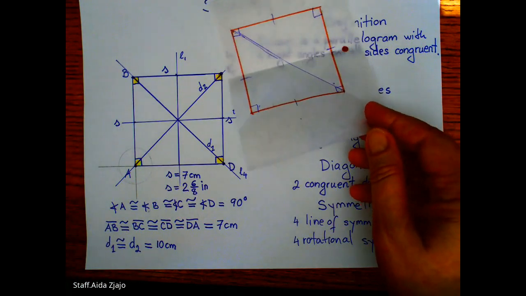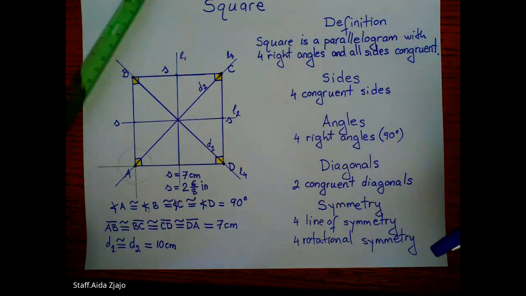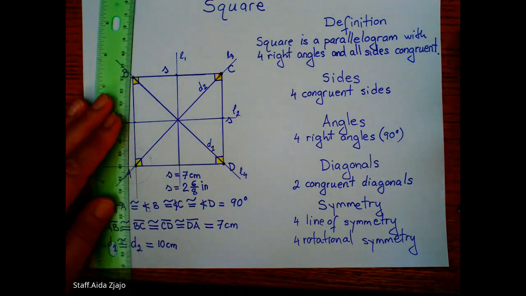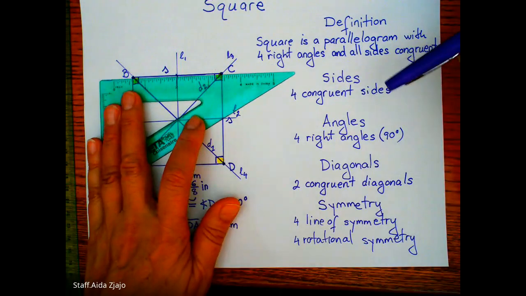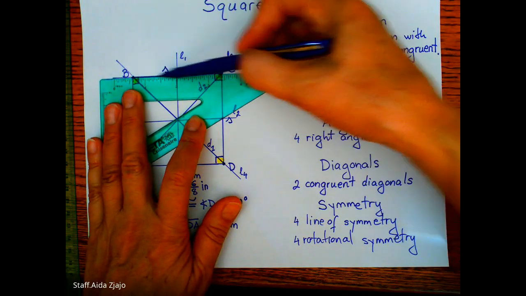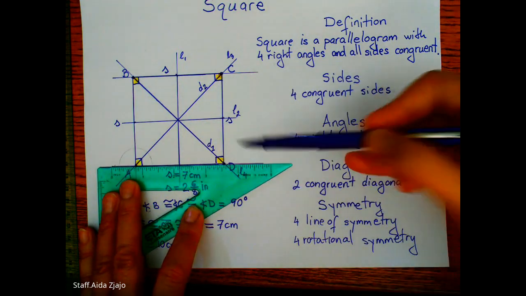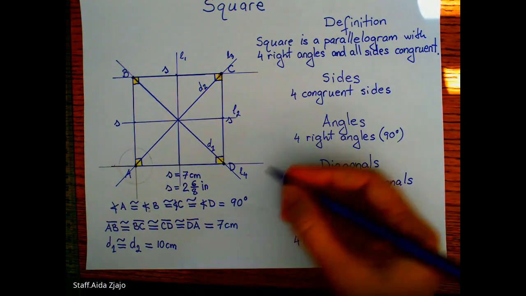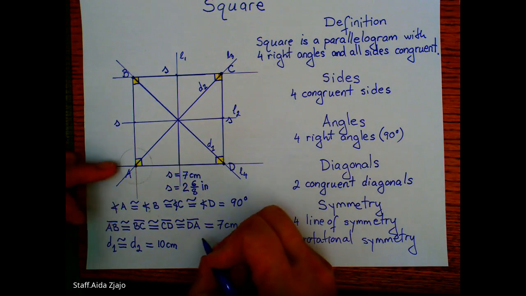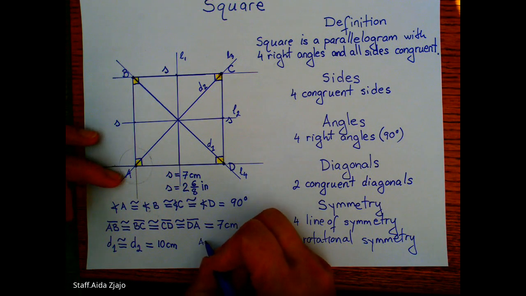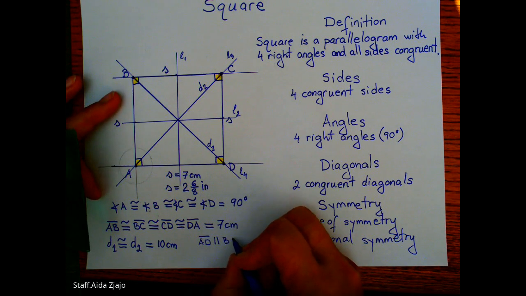Also, the sides could be extended, so we can explore the parallelism of the sides. If I extend the lines, this BC line segment and this AD line segment are parallel. So we can say that AD line segment is parallel to BC line segment.